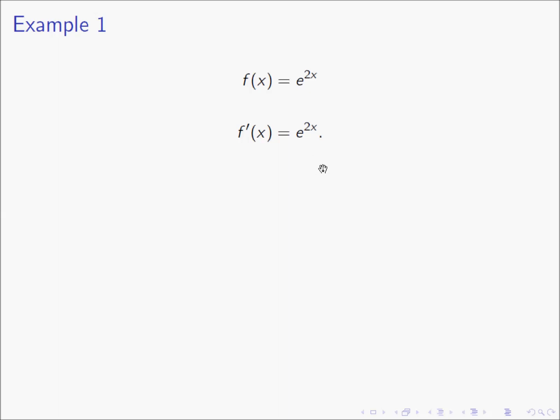And we multiply that by the derivative of the inner function, that is 2x. So the derivative of the inner function is 2. So we get the final answer, that is 2e to the 2x.